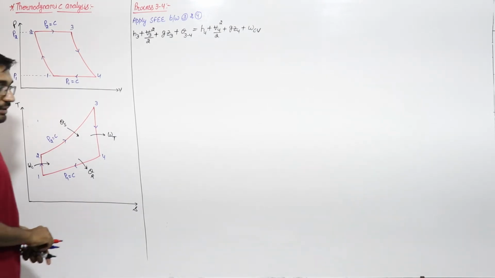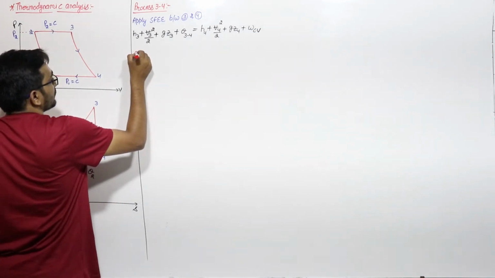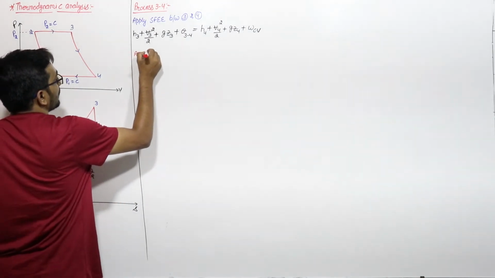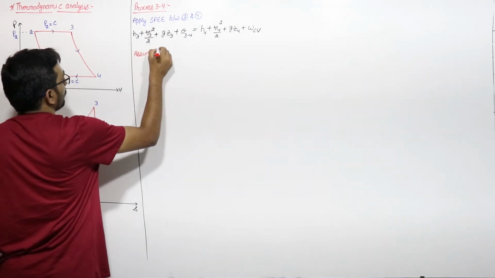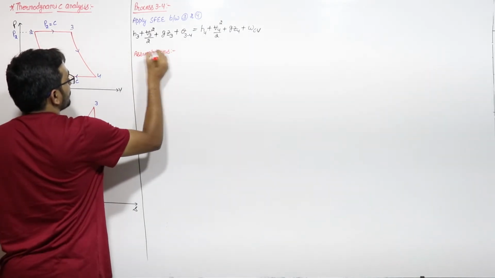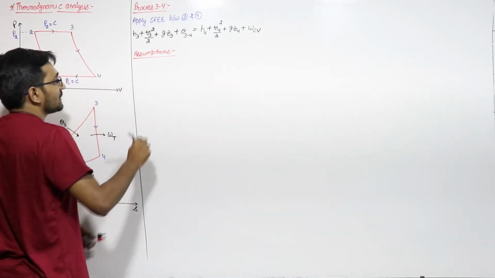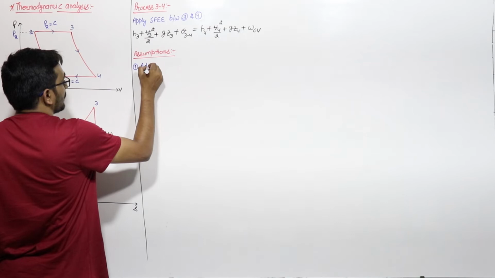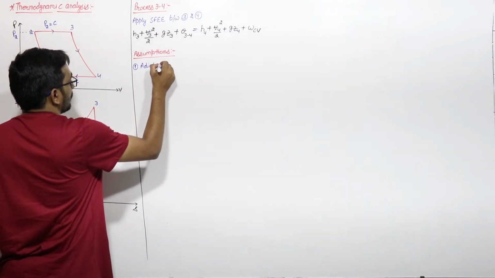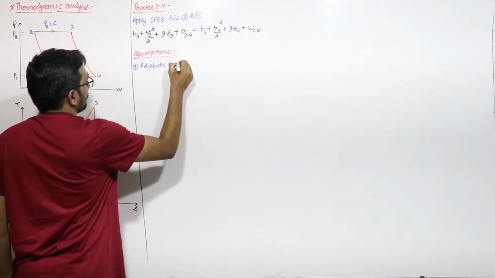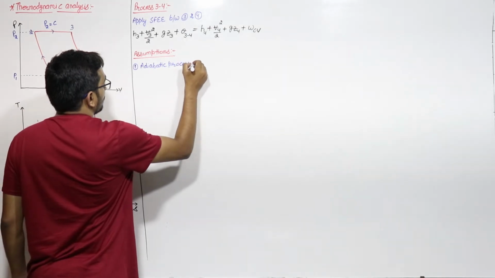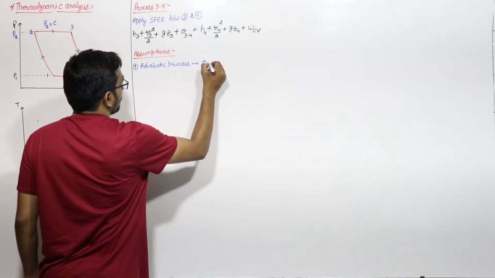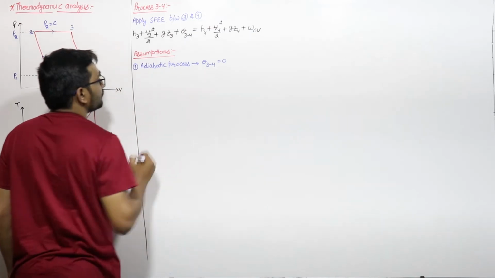Right? Now let us see what the assumptions are. Assumptions are important. First assumption, similar to that of the compressor, is an adiabatic process. That means heat transfer in process 3 to 4 is 0.